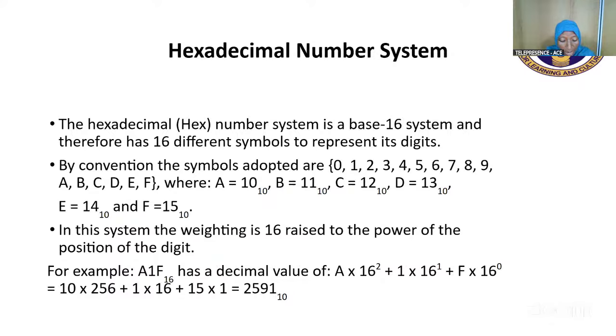For instance, if you have A1F in base 16, the equivalent value in decimal would be A times 16 raised to the power 2, plus 1 times 16 raised to the power 1, plus F times 16 raised to the power 0, which is 2,591 in base 10. I hope you understand this.